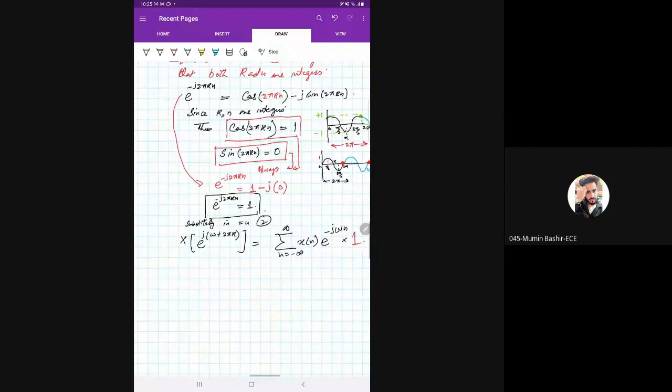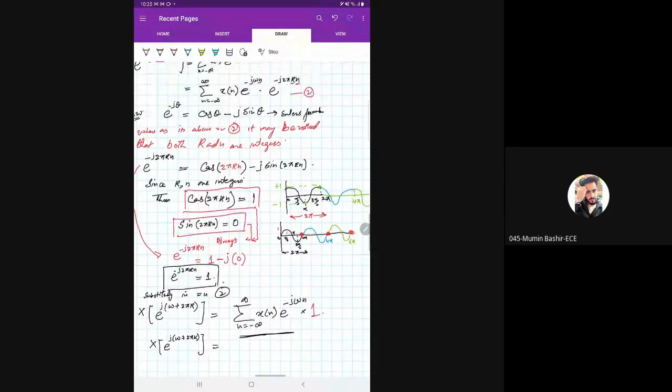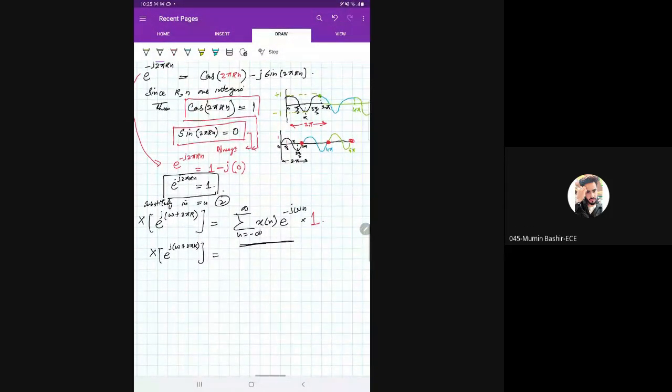Okay, so that will be equal to x of e raised to power j omega plus 2 pi k, which is equal to x of e raised to power j omega.